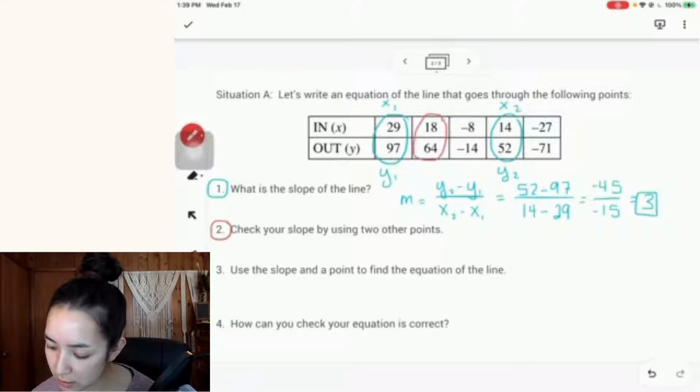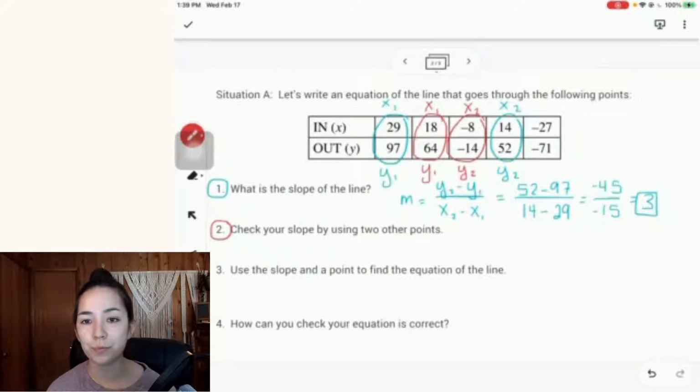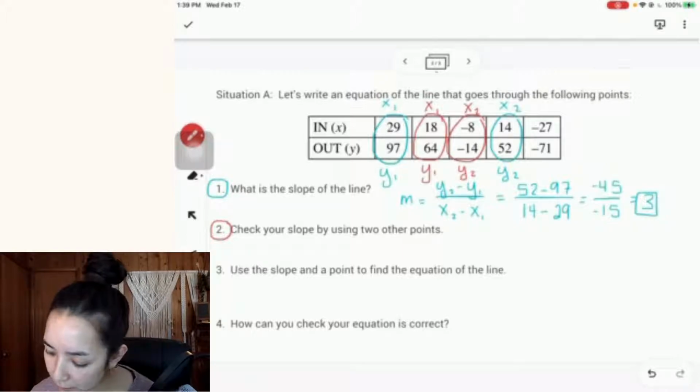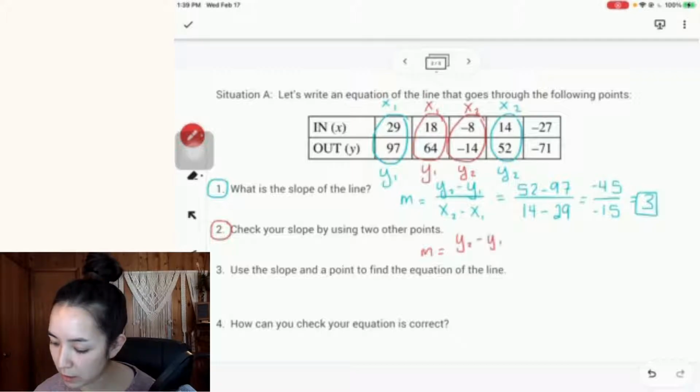Let's use this one as our x1 and y1, and this point as our x2, y2. Alright, here's our equation. m equals y2 minus y1 over x2 minus x1.